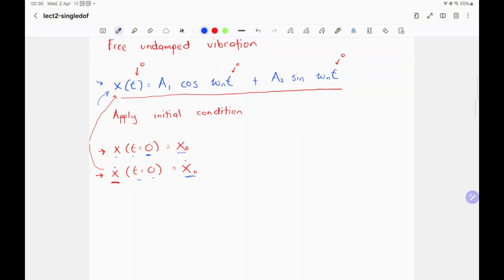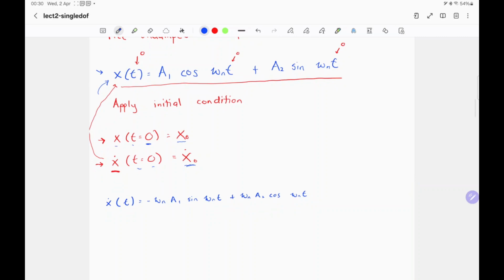So x dot t is equal to negative omega n A1 sin omega n t plus omega n A2 cos omega n t.